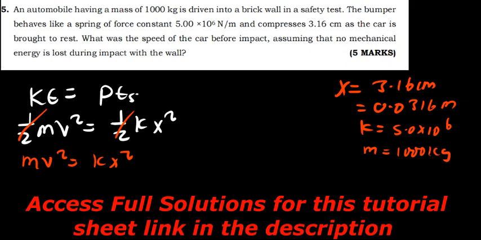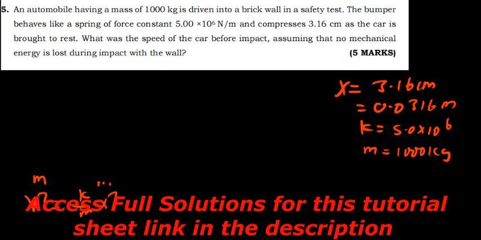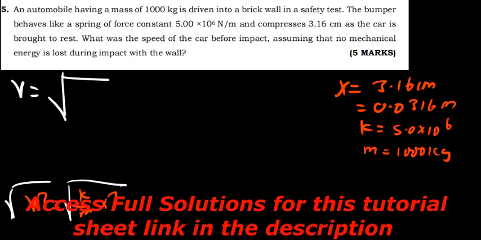Now, we want the velocity. Divide both sides by m. v squared will be equal to k over m times x squared. To make v the subject of the formula, we get the square root of both sides. So v will be equal to the square root of k over m times x squared.